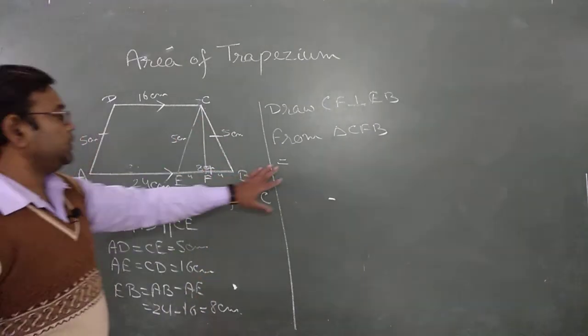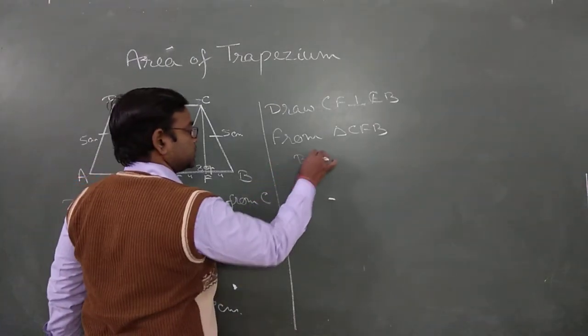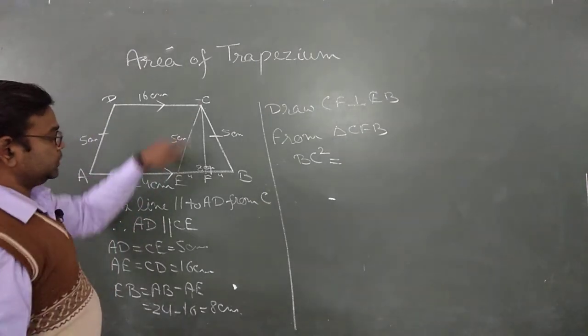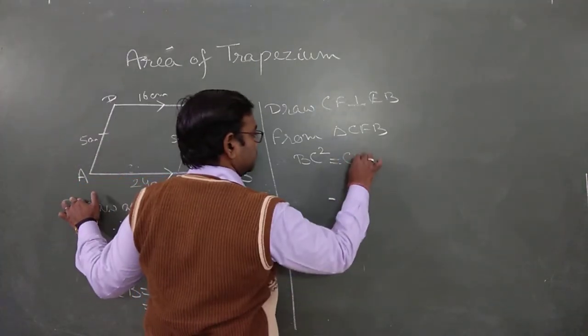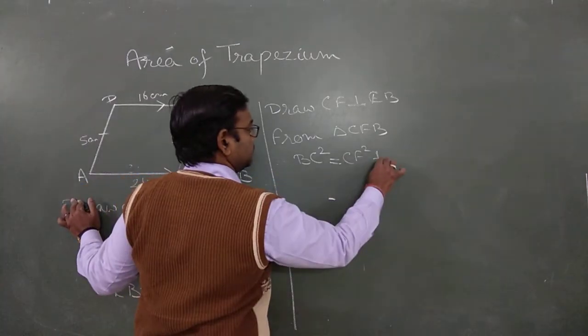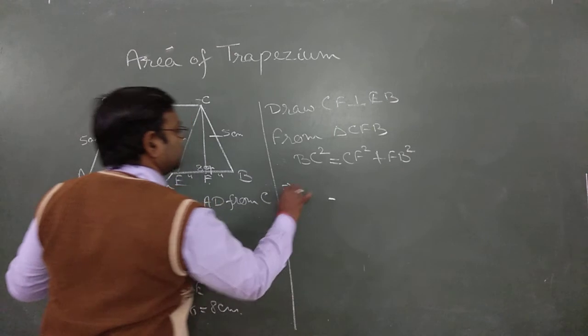So CB square, or you can say BC square, equals the sum of CF square plus FB square. What is it?